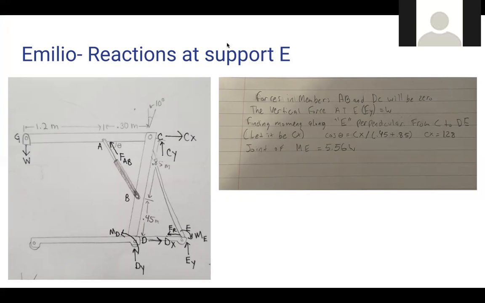So the cosine of theta equals CX divided by 0.45 plus 0.85, and I found that CX was equal to 1.28. I plugged it into the equation, and I got the reaction at E to be 5.56 W.